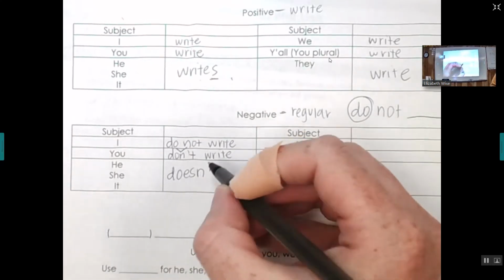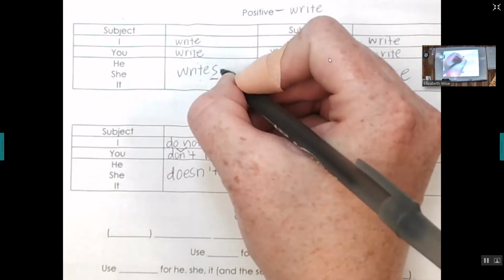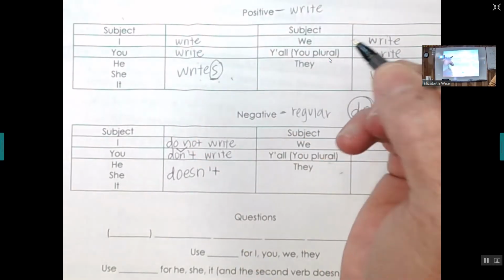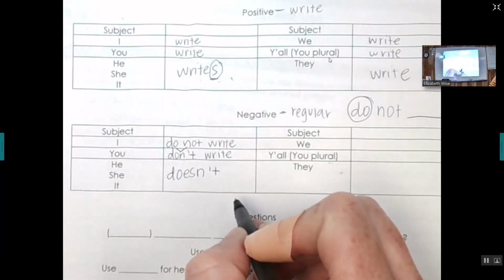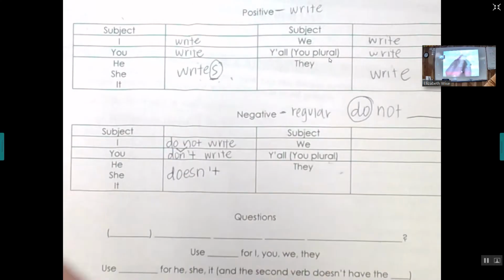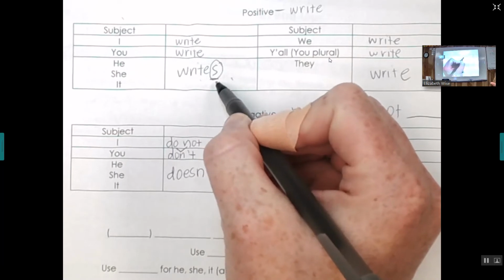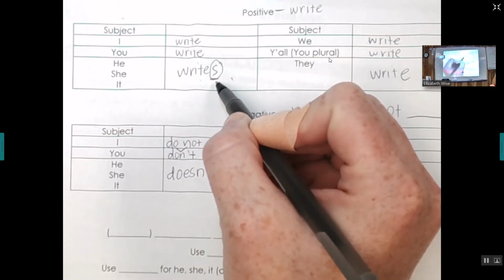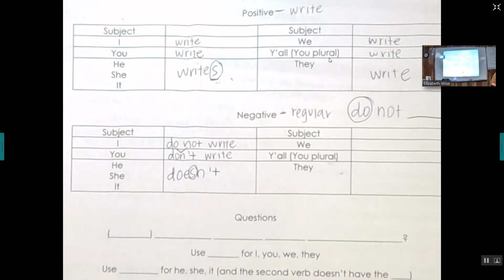And then up here in the positive, there's an S at the end of writes, right? So are we going to say doesn't writes? No, because we only need one S in the verb. In the positive, the only place we have to put the S is writes. In the negative, our S moves to doesn't.